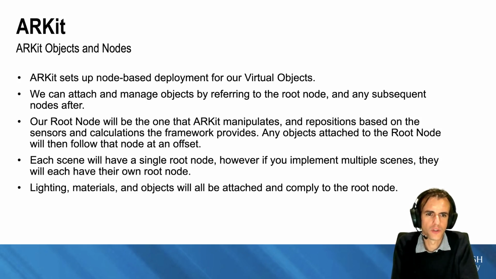Any objects we attach to the root node follow along with that. Each scene has a single root node, but you can have multiple scenes and each can have their own root nodes. Lighting, materials and objects can be attached, and they comply to the root node. This is how you can make things appear in certain ways in AR.